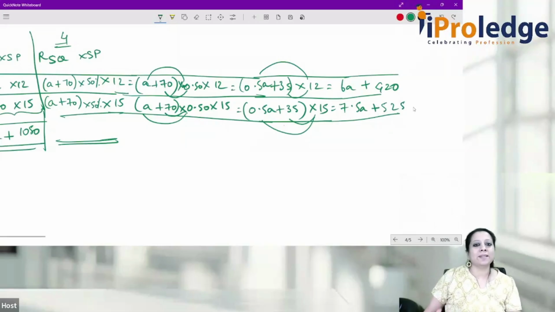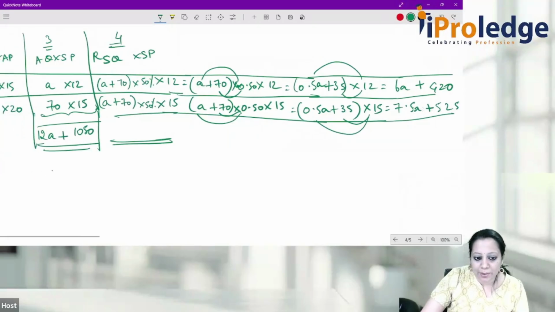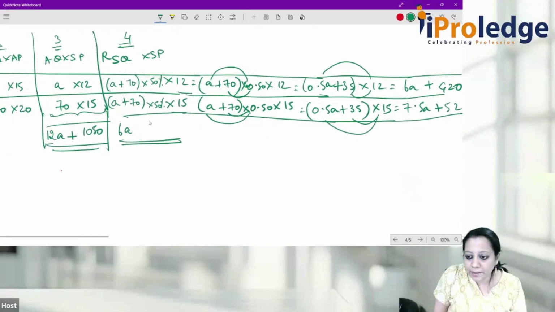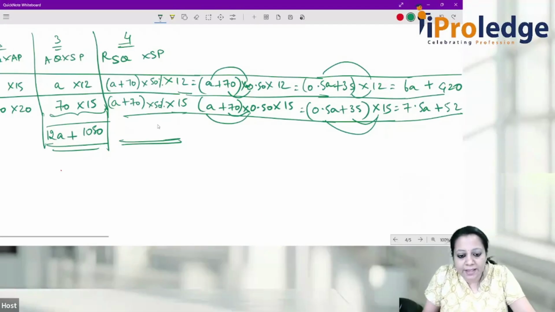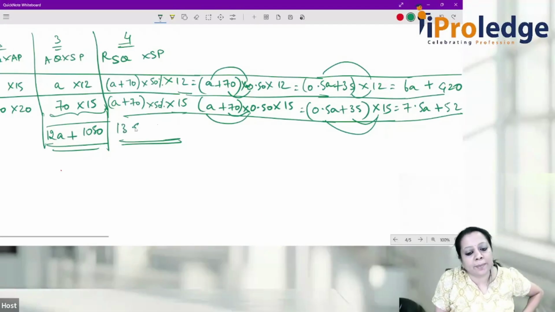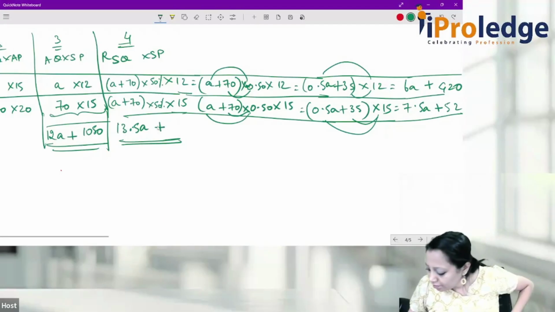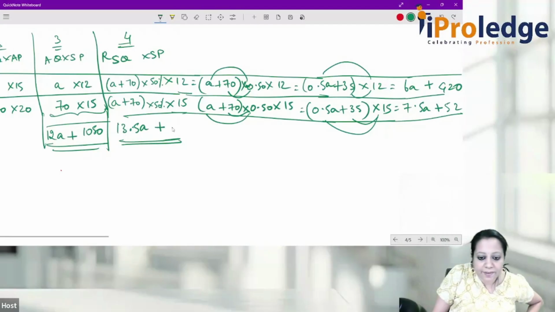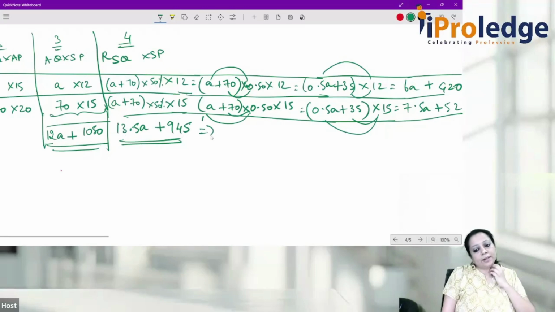Simply for explaining purpose, I've done all this. So now, coming back to, can I say 6a plus 7.5 is 13.5a total? 13.5a. 420 plus 525 is 945. This is the total.